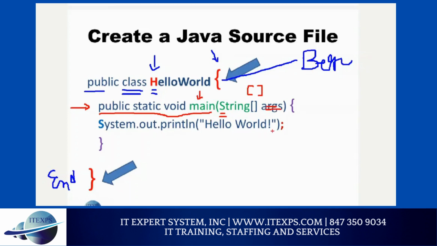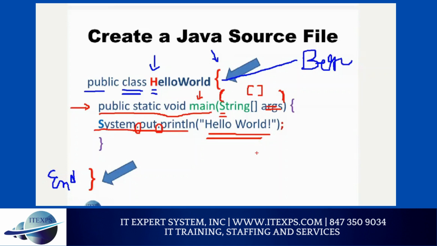This is the curly bracket, start curly bracket, end curly bracket. Sorry, my mistake, parenthesis. Start parenthesis, end parenthesis. And here, when you want to print something, we write capital S System, then dot, out, then dot, println, and then you use double quotation marks around whatever you want to write.